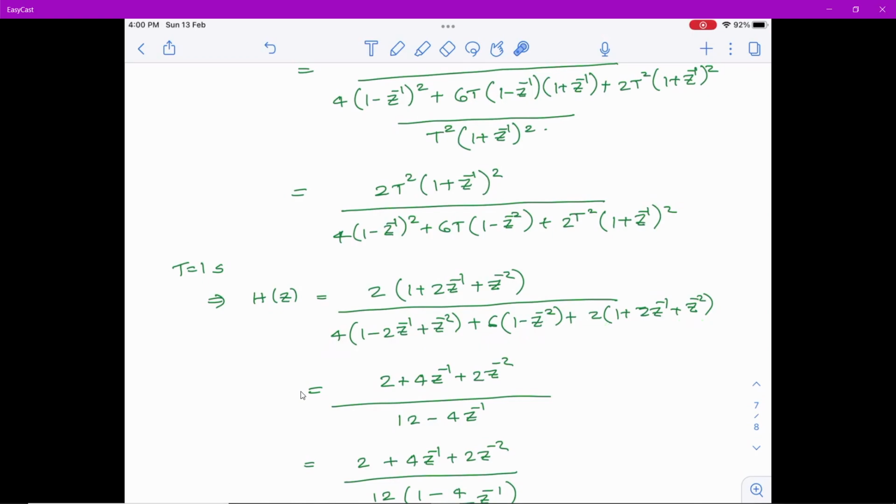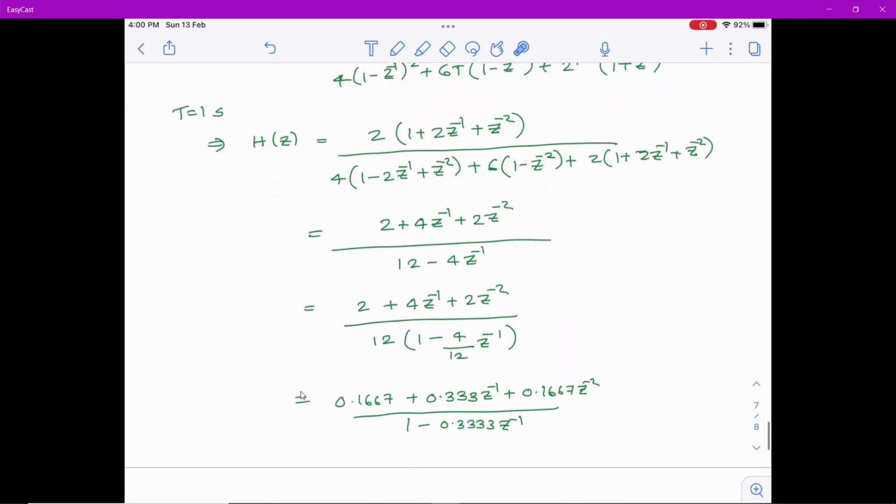If you add everything, it is 0. You can add the constants and the rest of the terms come like this. You need to do up to at least up to here. You can still simplify further. You can take 12 out in the denominator and you can divide 2 by 12, 4 by 12 and 2 by 12. So we'll get the final expression as this.